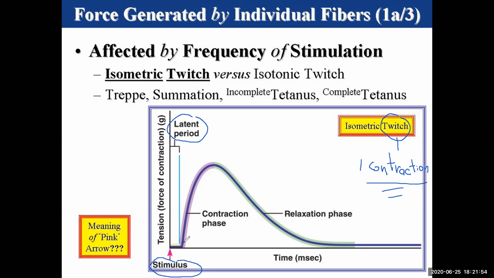And once that happens, you can see there's a contraction phase getting to a maximum tension, and then the relaxation phase. What it means here is during the contraction phase, the action potential is still present, is still propagating throughout the sarcolemma.